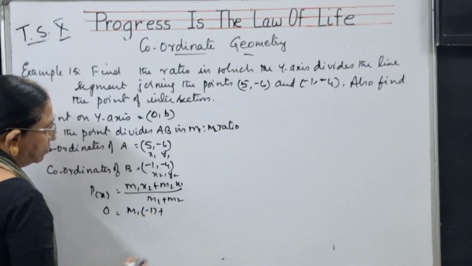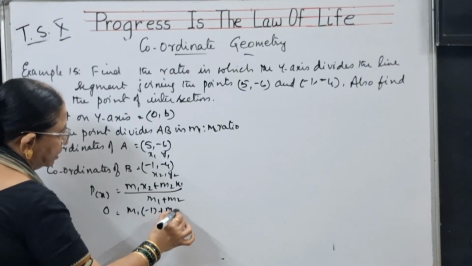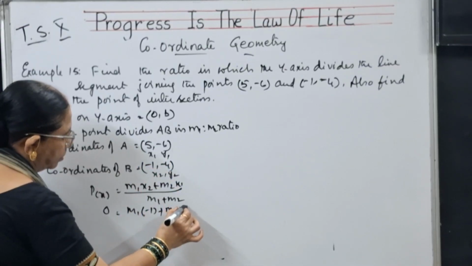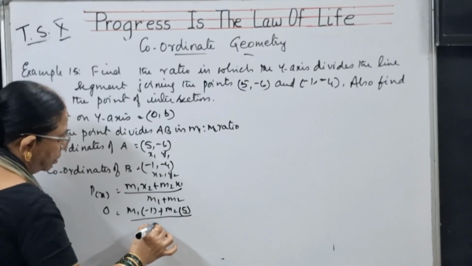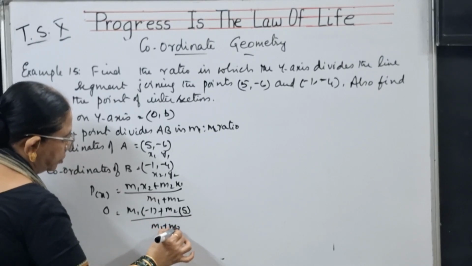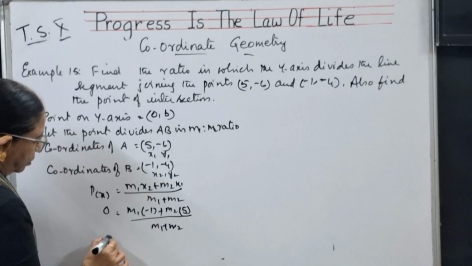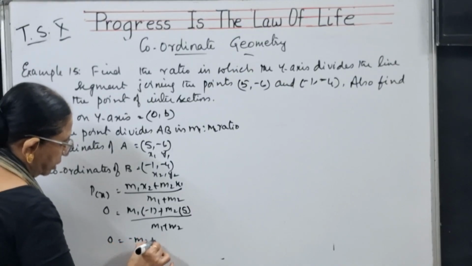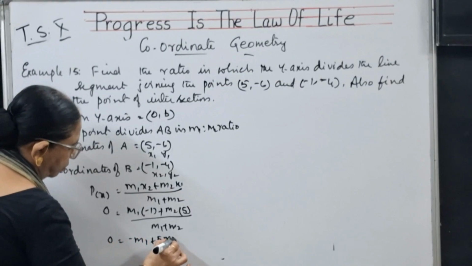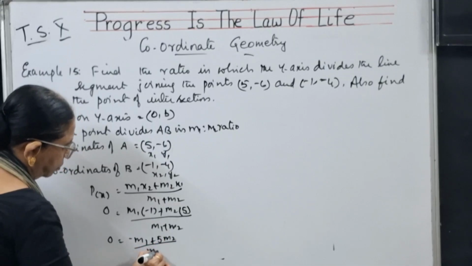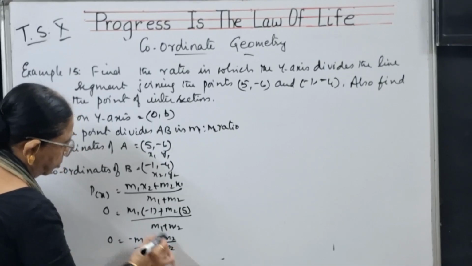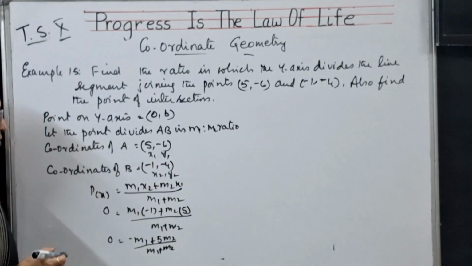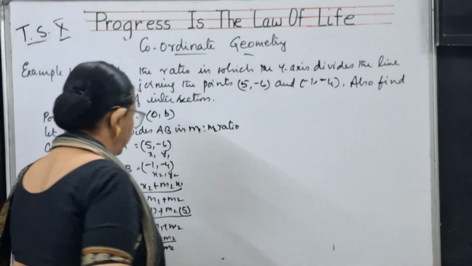Minus 1, plus m2 times x1, x1 is 5, by m1 plus m2. So here 0 is equal to (minus m1 plus 5 m2) by (m1 plus m2). Minus into plus is minus, so 1 m1 means m1 only.